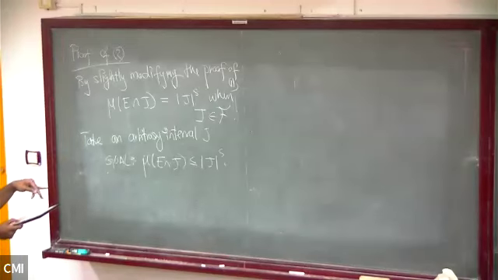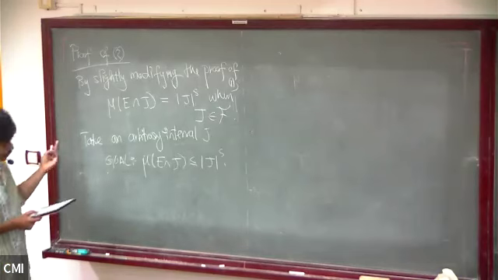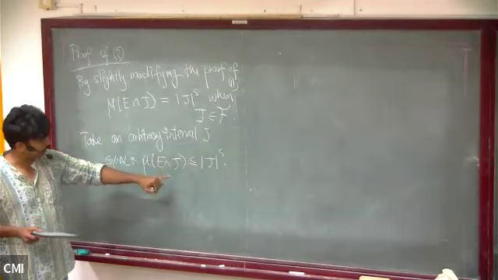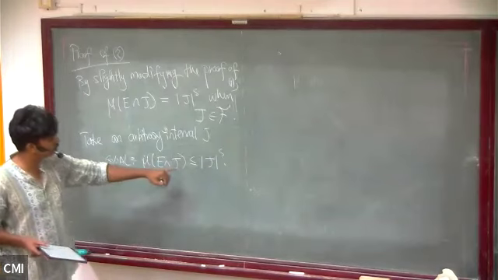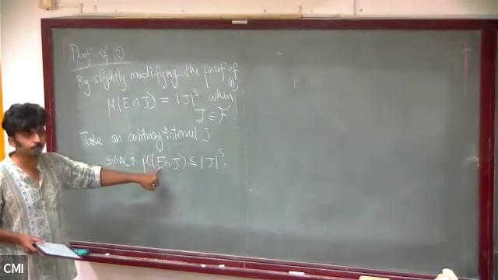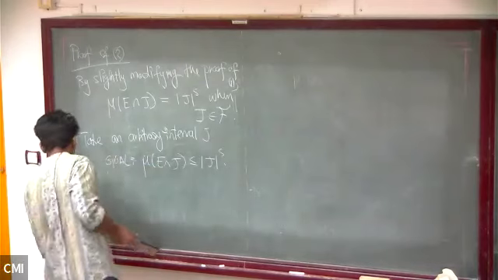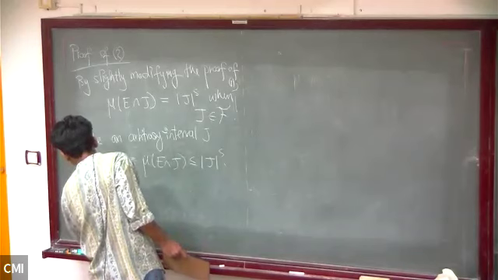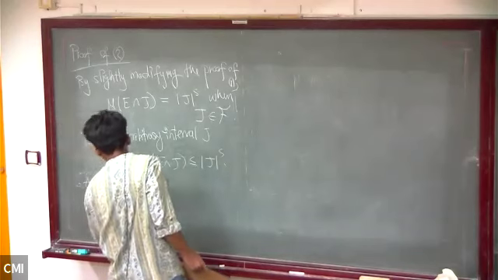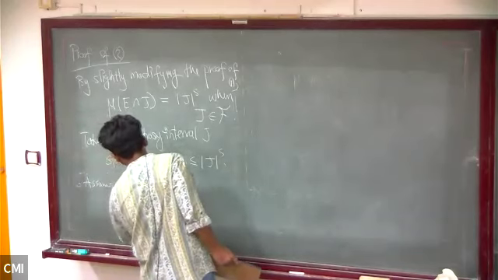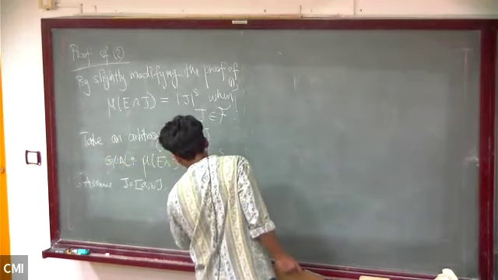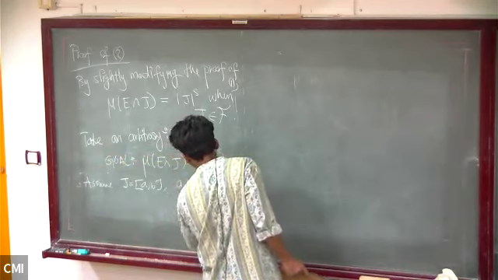The first reduction is that by chopping off the ends of J, I can assume that the endpoints of J are members of E. Okay, so that's the first assumption I'm going to make: that J is a closed interval [a, b] with both a and b coming from E.